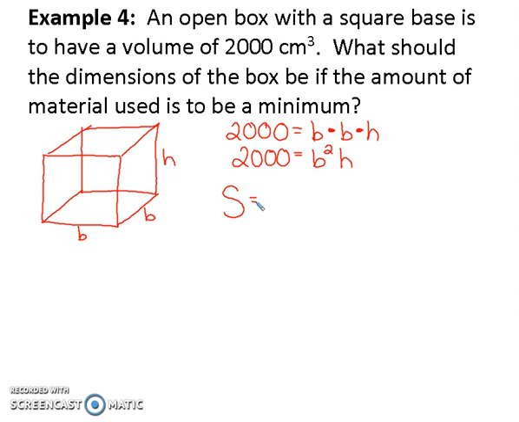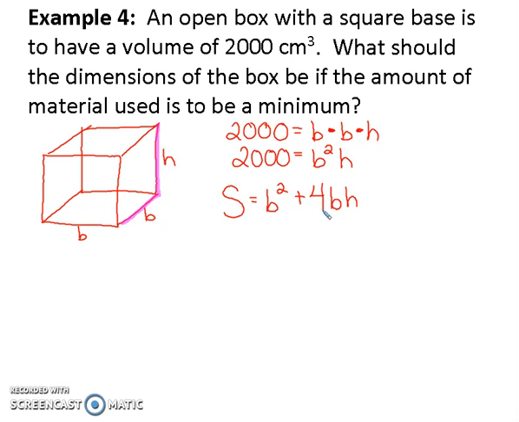Its area is base squared. The 4 sides around it are b by h, and that's true for all 4 sides around the side of the box. So those areas would be b times h, but there are 4 of them. So that's your formula for surface area.